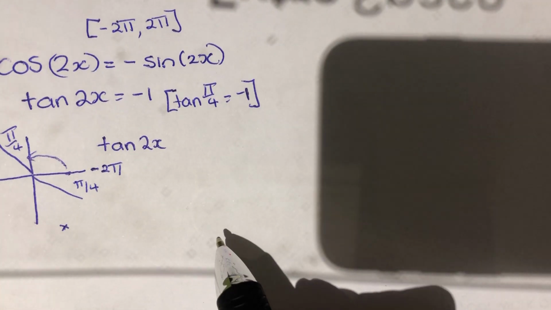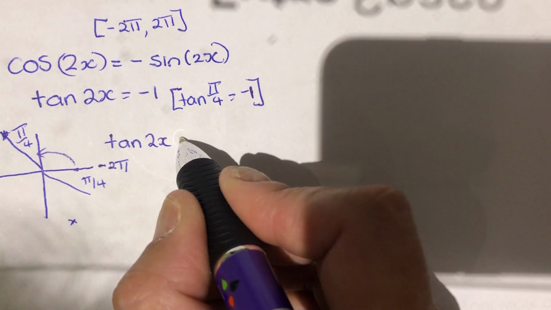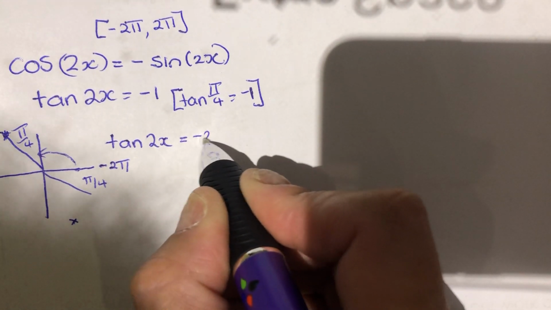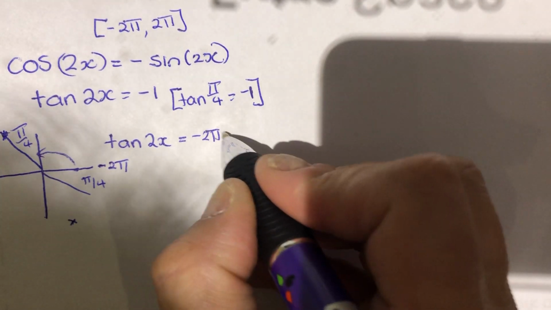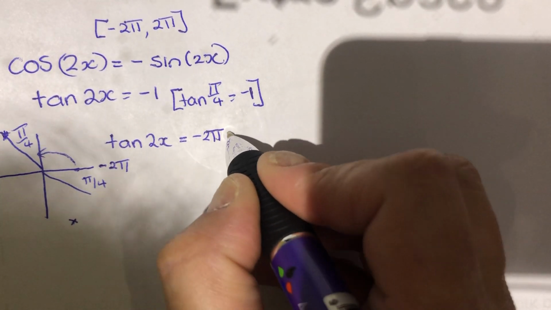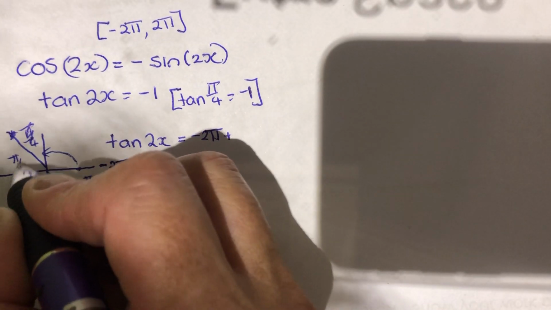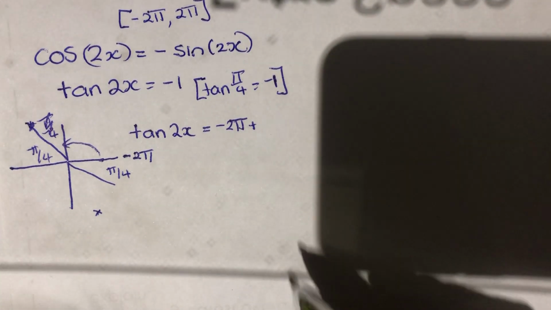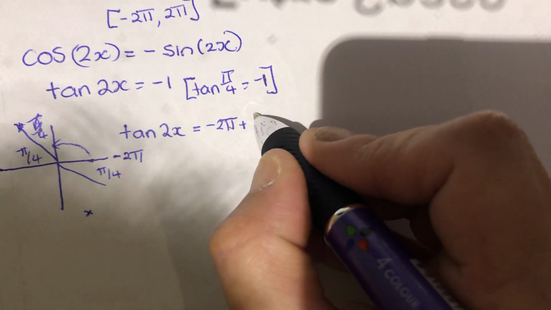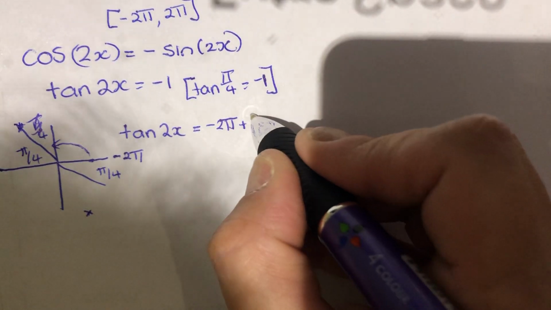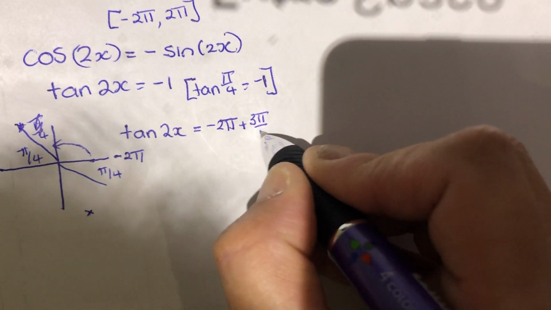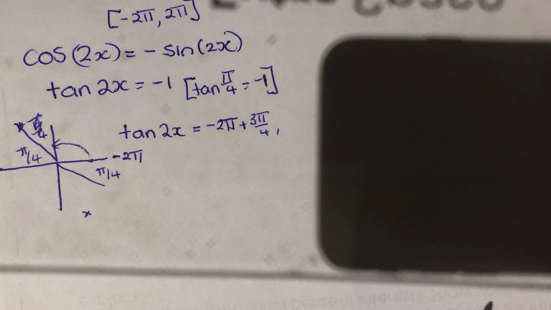That's going to be our first one. So our first one is going to be negative 2 pi plus, now, oh, that's in the wrong spot. This should be pi on 4. Sorry. Plus, so all of this must be 3 pi on 4. So that can be our first one that we've got.